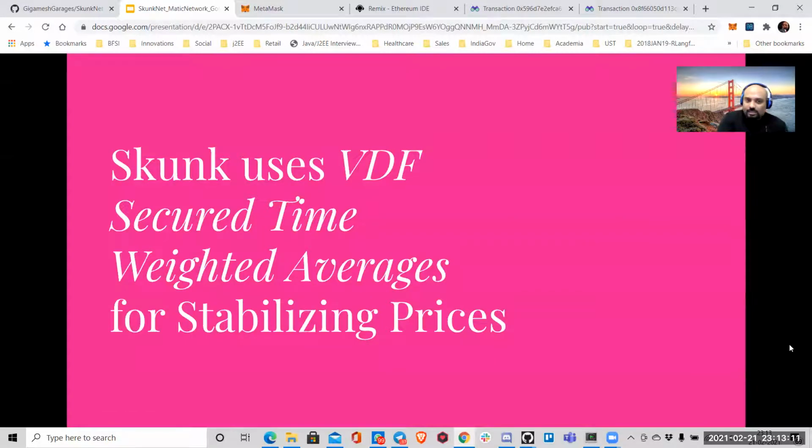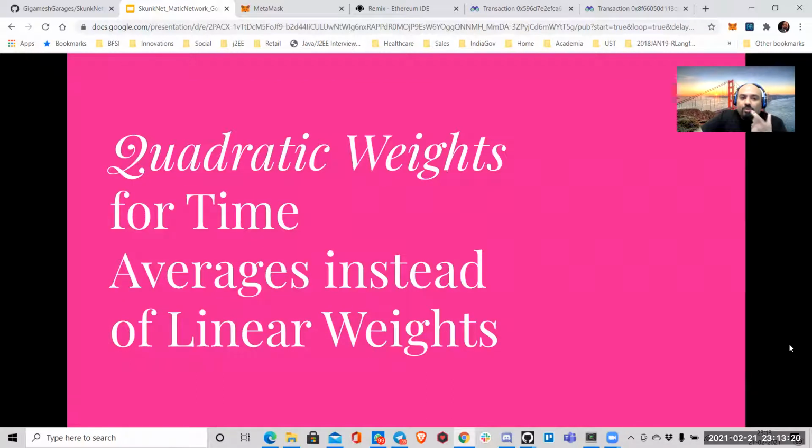This is one of the first implementations of verifiable delay functions to control time averages, specifically for an algorithmic stablecoin. To summarize, Skunk uses VDF secure time weighted averages, and we have also come up with a quadratic weight system for time averages, which is better than linear weights.